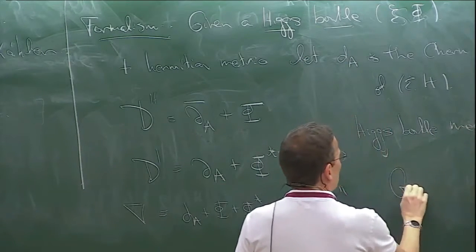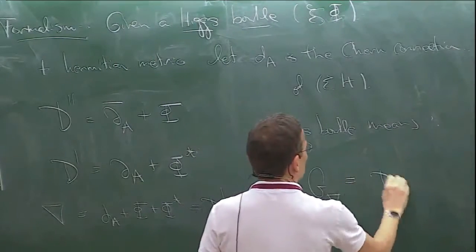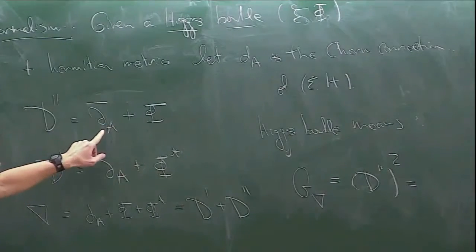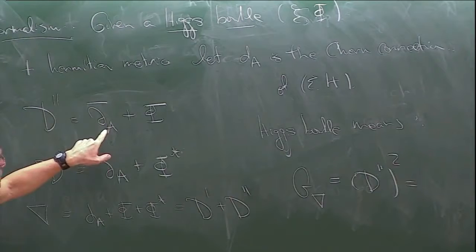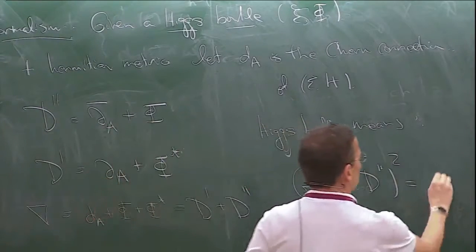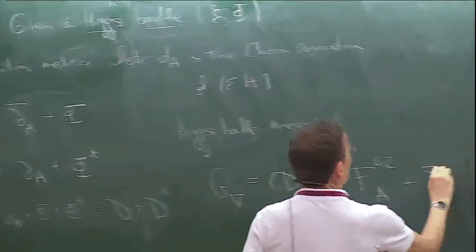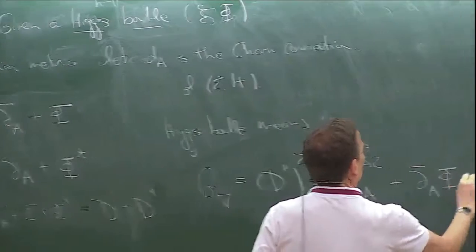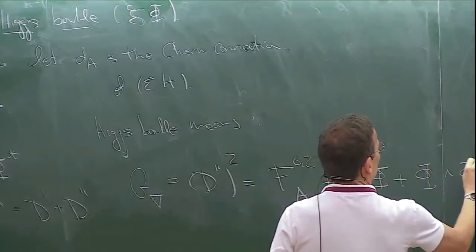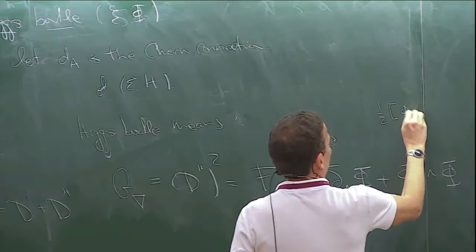So to say that we have a Higgs bundle, look at the following tensor, which I'll call G, which is D double prime squared. So what happens when I take this squared? I get d bar squared, I get d bar of phi, and I get phi squared. Okay? So this is the 0,2 part of the curvature of A. This is d bar A of phi, and this is phi wedge phi, which is also 1/2 of phi bracket phi.